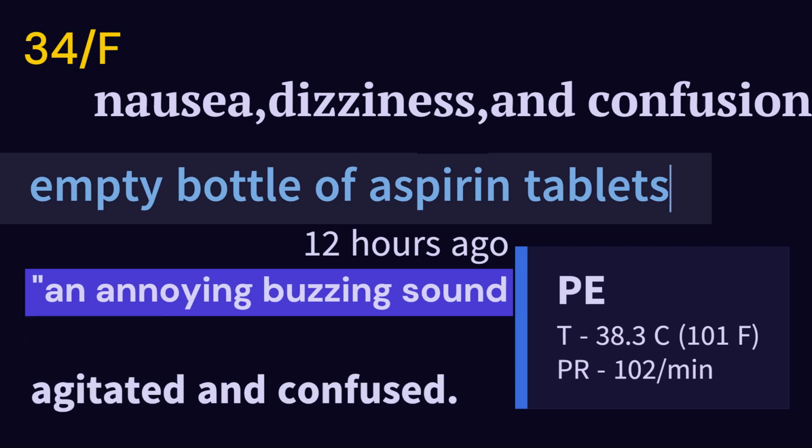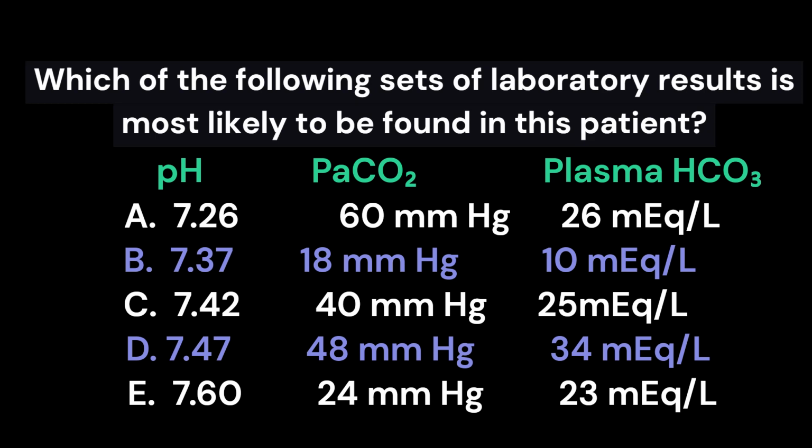The question is: which of the following sets of laboratory results is most likely to be found in this patient? Your options are: A. pH 7.26. Arterial partial pressure of carbon dioxide 60. Bicarbonate 26. B. pH 7.37. Arterial partial pressure of carbon dioxide 18. Bicarbonate 10. C. pH 7.42.